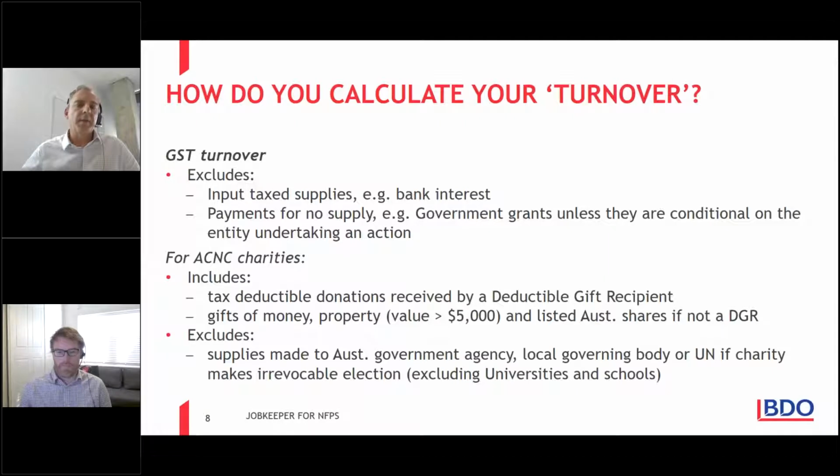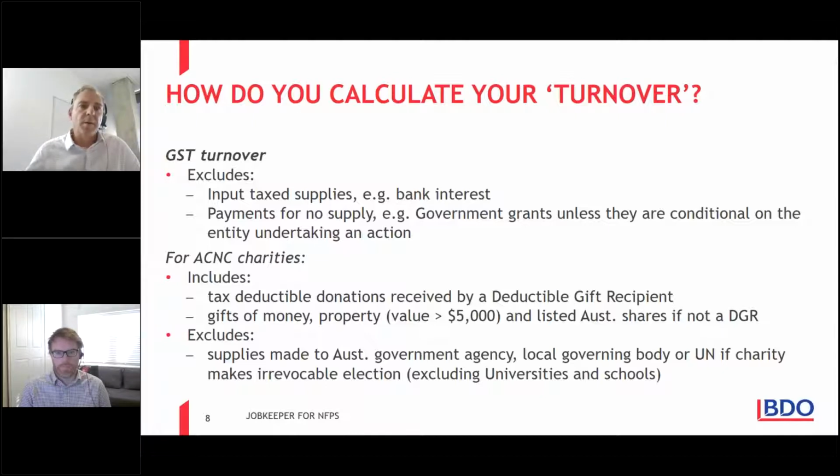Now, the announcement that they've just made, and they particularly put out on the weekend, was that for AC/NC charities, apart from universities and schools, you can also exclude supplies made to an Australian government agency, a local government body, or the UN, if the charity makes an irrevocable election. So this is a choice.